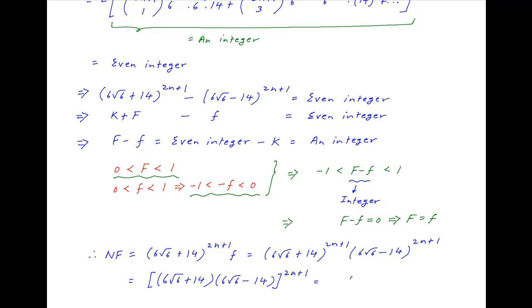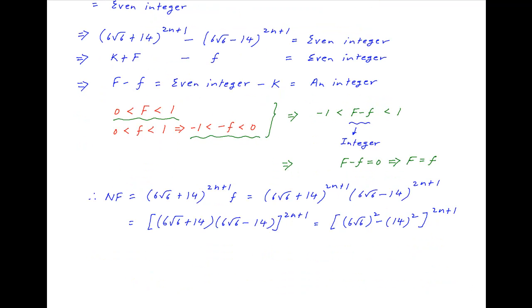This is equal to, in brackets, (6√6)² − 14², raised to the power 2n+1. And this is equal to (216 − 196)^(2n+1), which is equal to 20^(2n+1). Therefore, n times capital F is equal to 20^(2n+1), which is the required result.